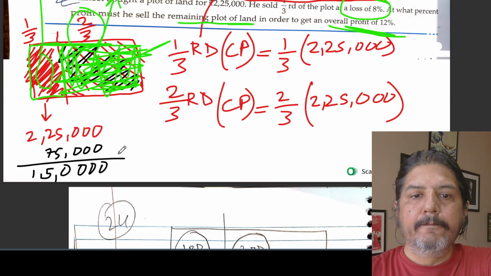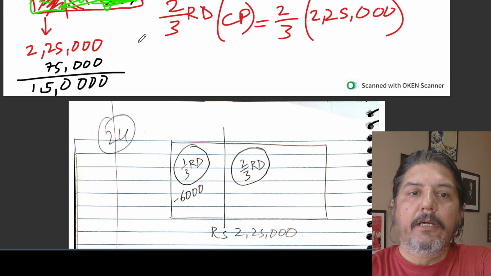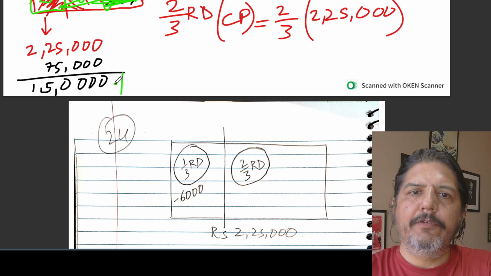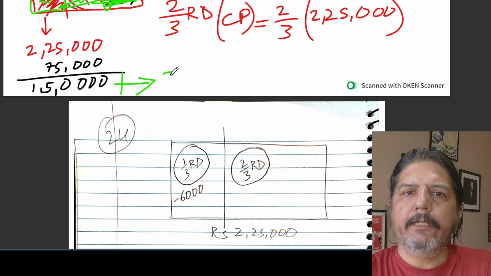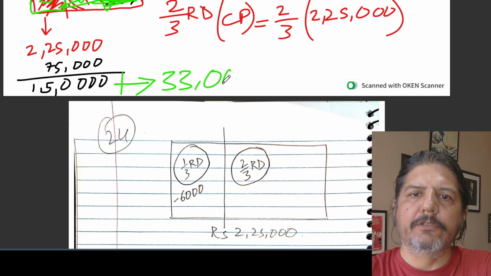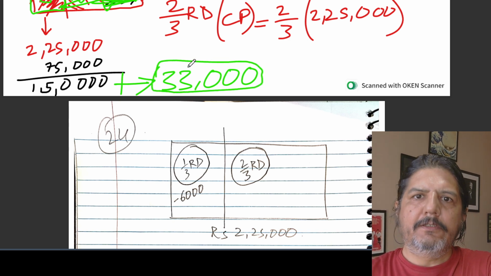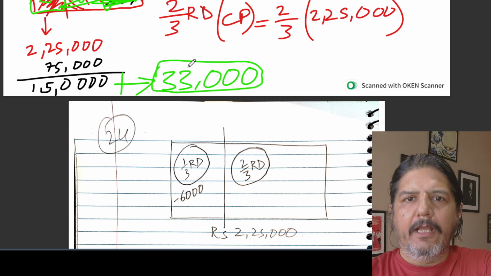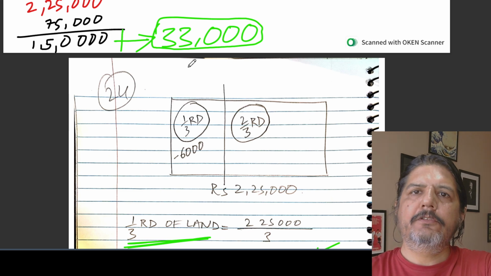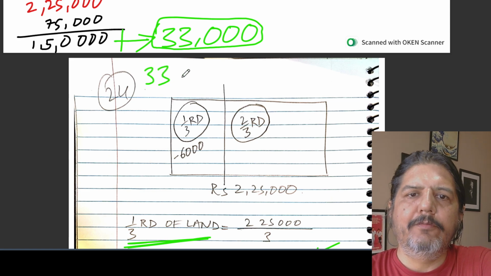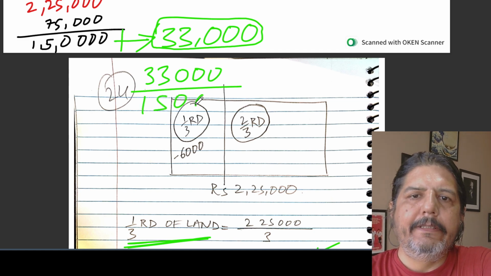Now look closely. The cost price of the two-third of the land is 1,50,000. I have to sell it at a profit of 33,000. So this 33,000 rupees is the profit at which this two-third of the land has to be sold. So to calculate the percentage profit, basically I have to calculate 33,000 upon 1,50,000 multiplied by 100.